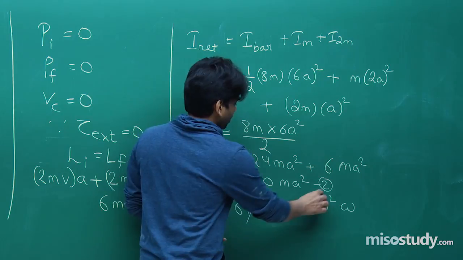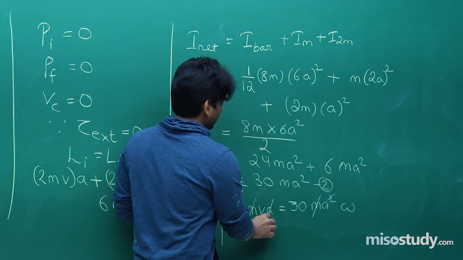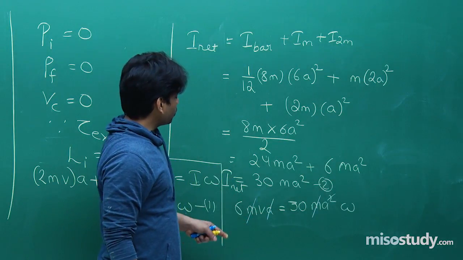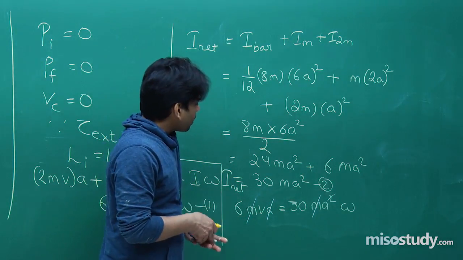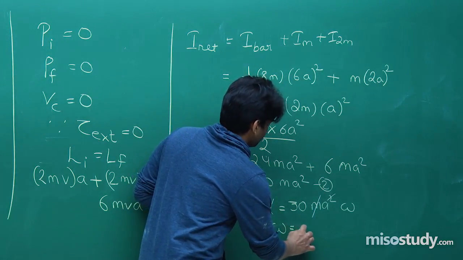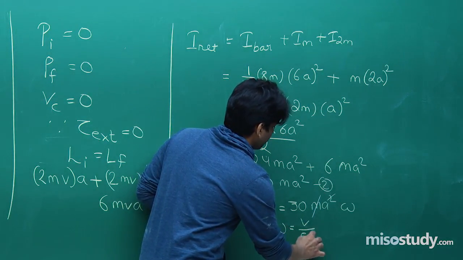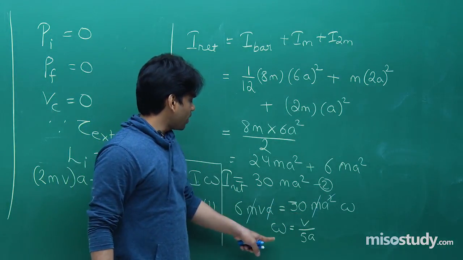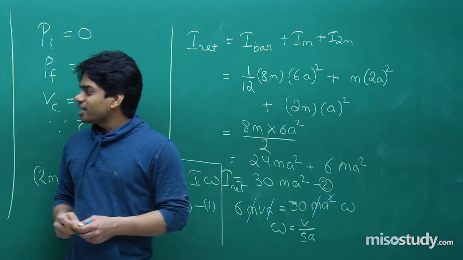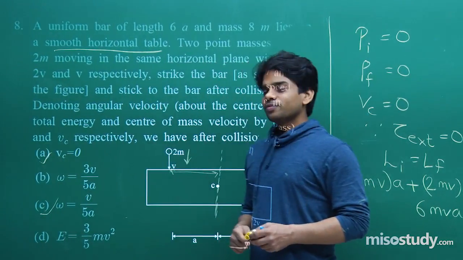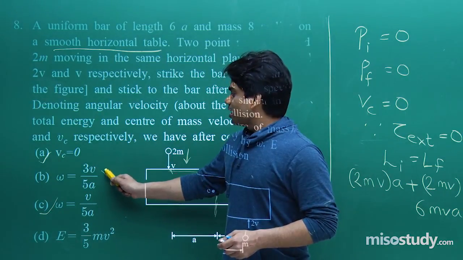Clearly you can see m cancelled out, a cancelled out, and omega will come out to be v by 5a. Let's check the options: option C, omega is v by 5a, that is the right answer. Omega is 3v by 5a is incorrect.